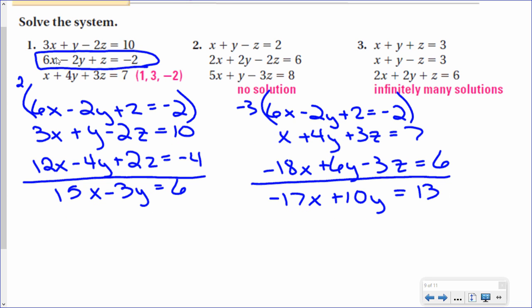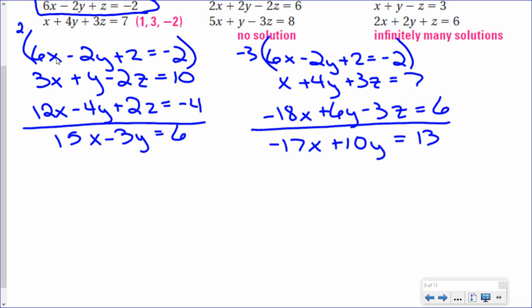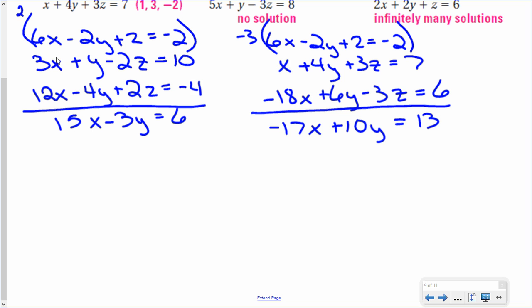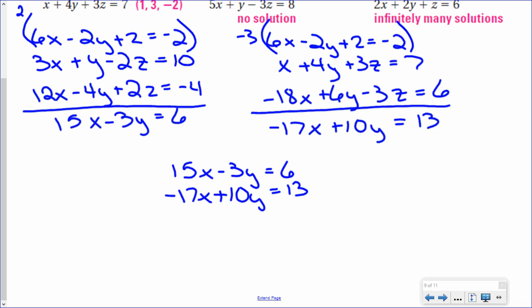All right, so I got the z's to cancel out of both equations. Now I'm going to put them together. Okay, the thing to do here, probably get the y's to eliminate by multiplying the top by 10 and the bottom by 3.